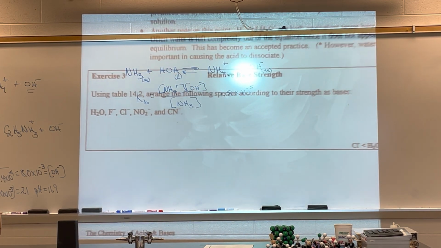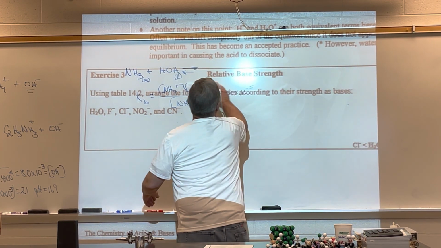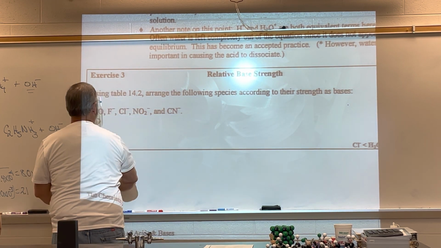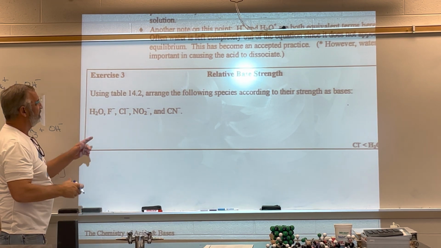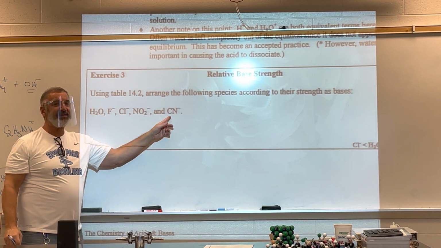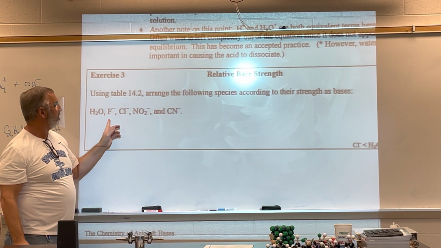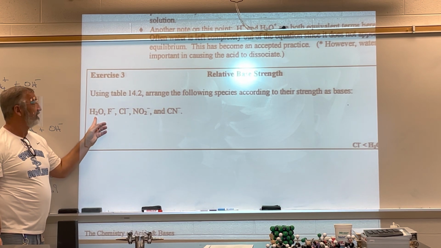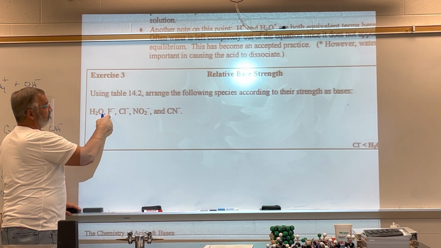Okay, 14.2 is on the previous page of your notes. That's just your Kas. Now, are any of these acids? Water can be either one, right? Okay. What acid did this come from?